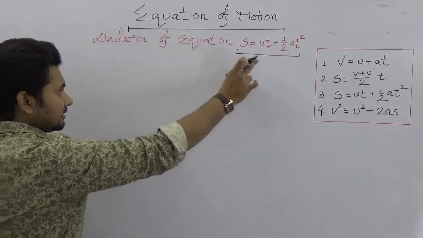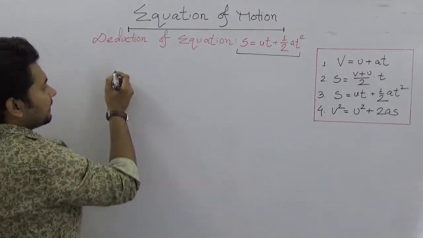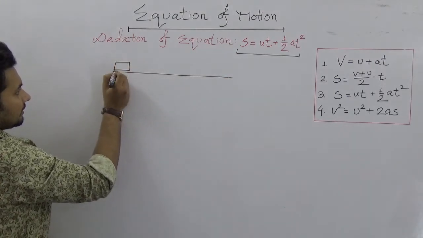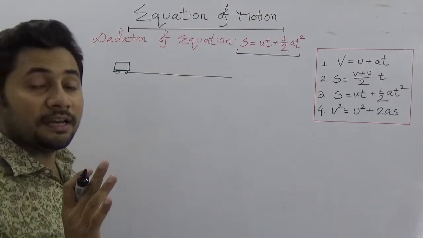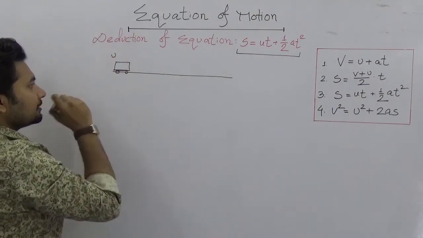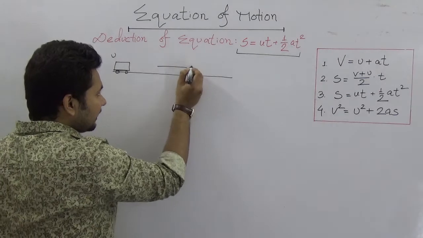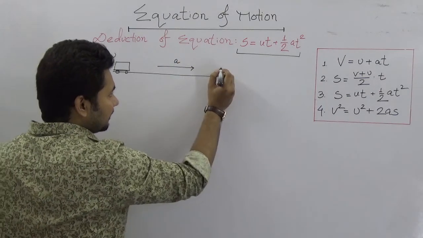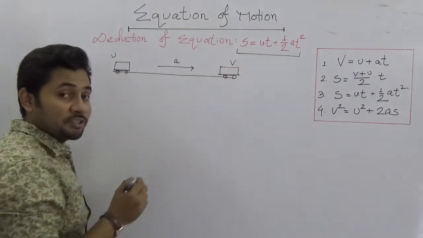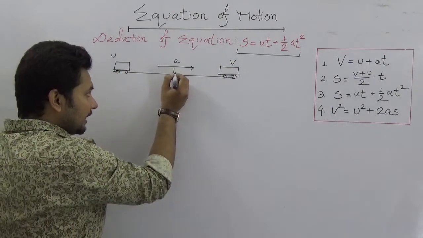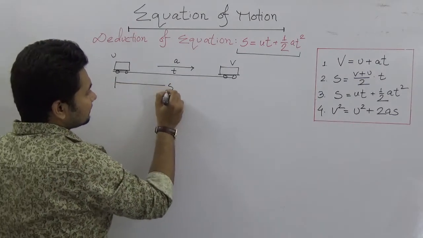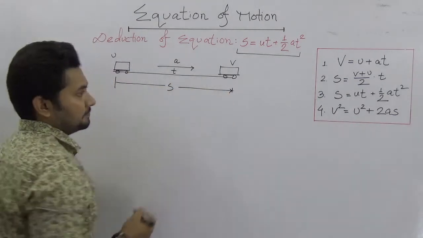In explaining these things, we need to think that a body or a moving car is starting with an initial velocity which is u, and through a uniform acceleration it achieves a final velocity v over time t, and in this time period it covers this displacement.